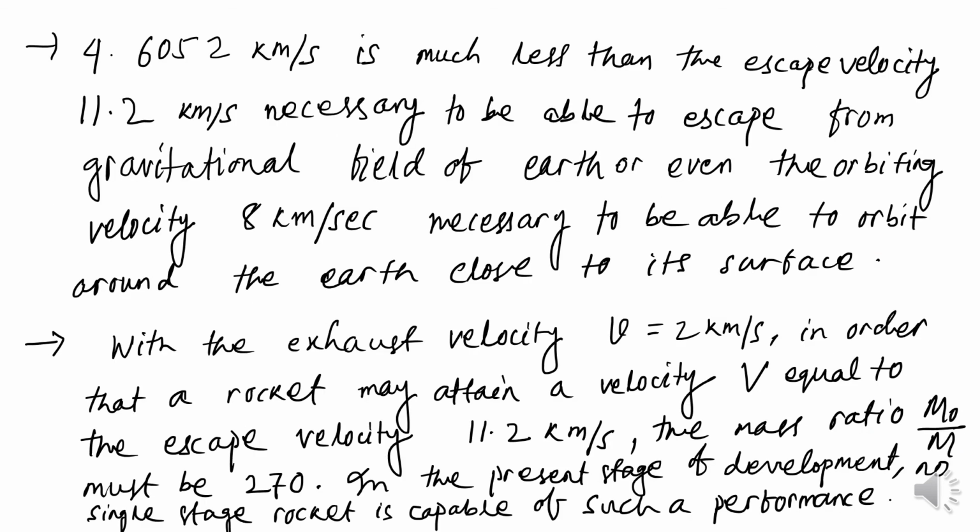This is what we said: 11.2 km per second is the required velocity for escaping the gravitational field of Earth, and 8 km per second is the required velocity to orbit around Earth.